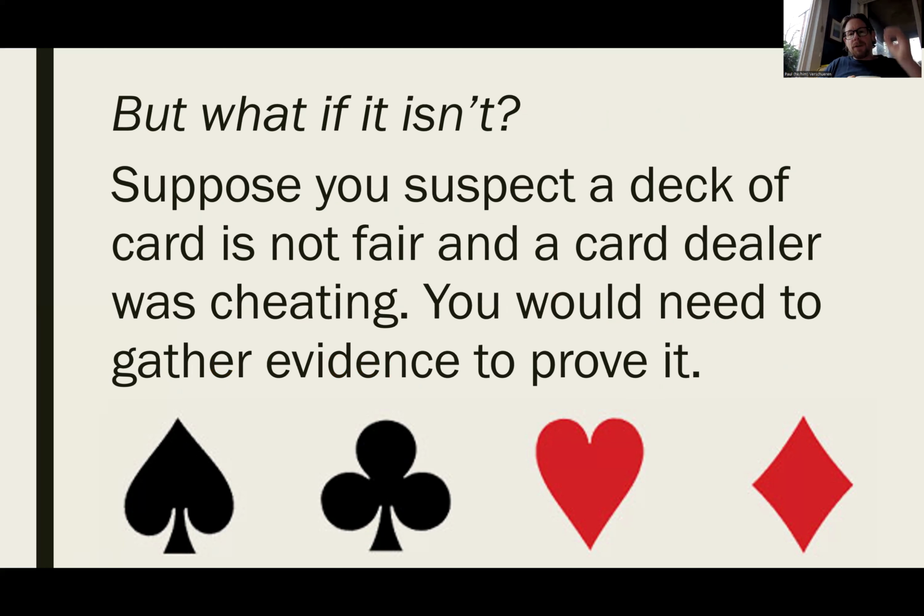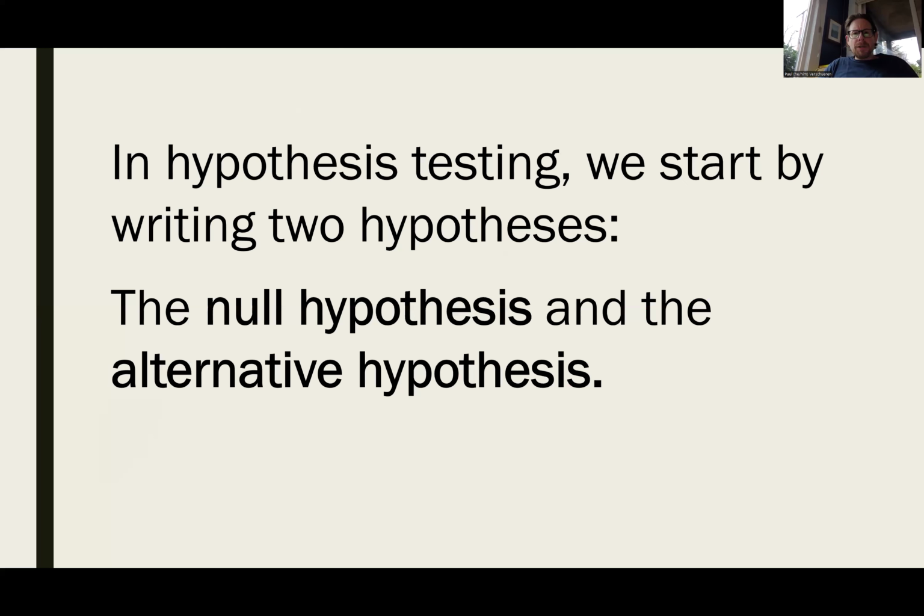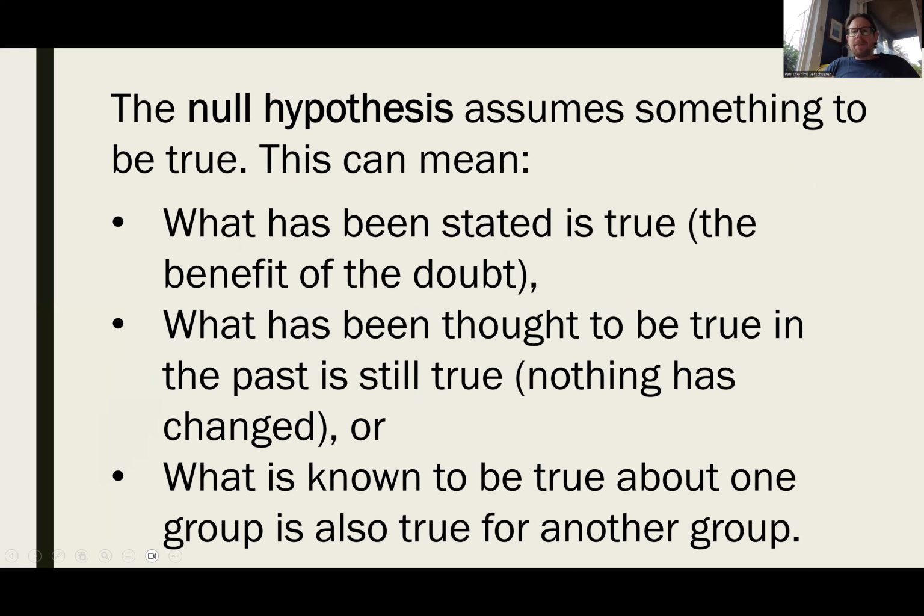Suppose for whatever reason you thought a deck of cards was not fair, a casino was cheating or using rigged decks, you'd have to come up with evidence to show that it wasn't fair. So in hypothesis testing, we always start with two hypotheses, the null hypothesis and the alternative hypothesis. The null hypothesis, and by the way, the word null kind of represents empty set or zero or nothingness.